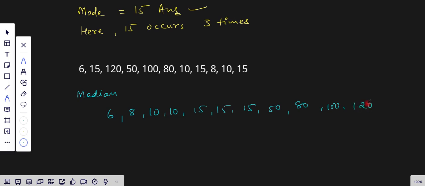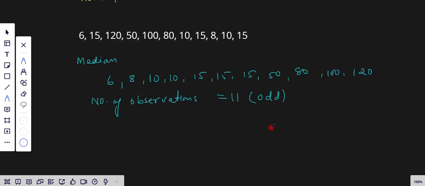Now you have a total of 11 observations and 11 is an odd number. So what you will write, number of observations is equal to 11, which is an odd number. So how to get the middle observation?